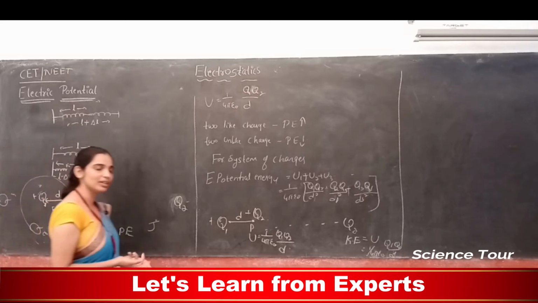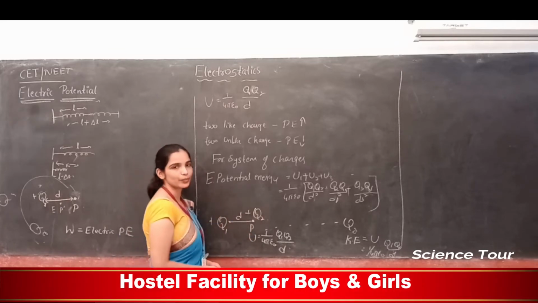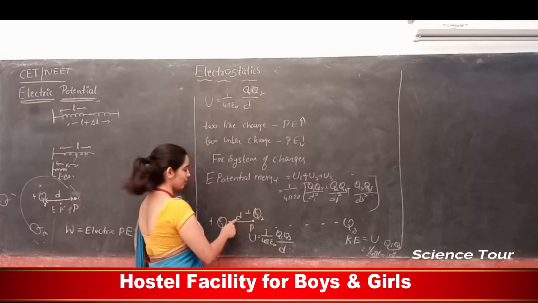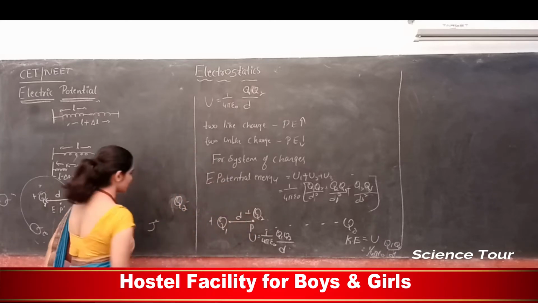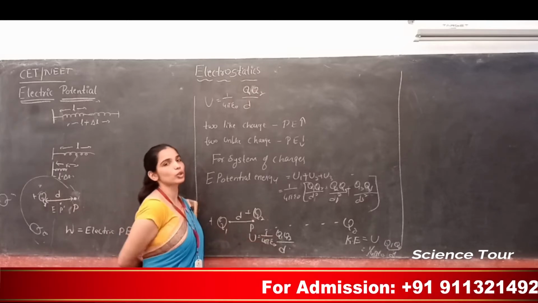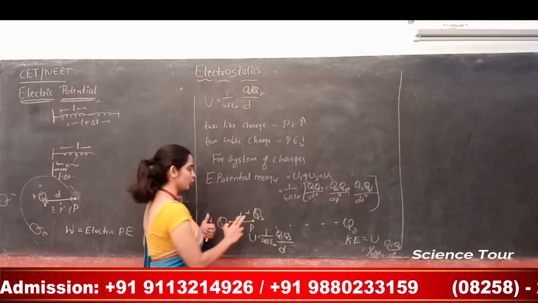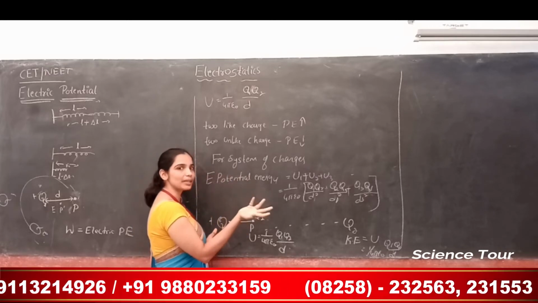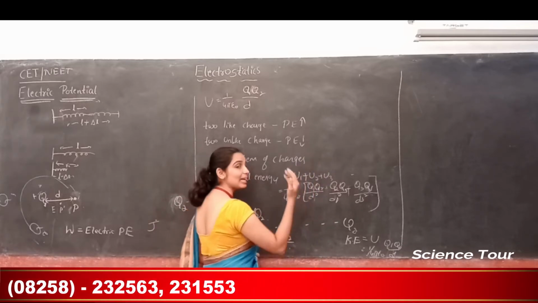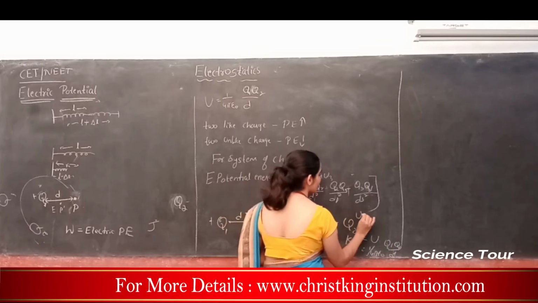Now the reverse case: already there are two charges Q1 and Q2 separated by the same distance D. What will be their potential energy? 1 by 4 pi epsilon naught Q1 Q2 divided by D. Now I release Q2. Q2 will experience a repelling force, so it will go to infinity. At infinity the potential energy will always be zero, remember this.